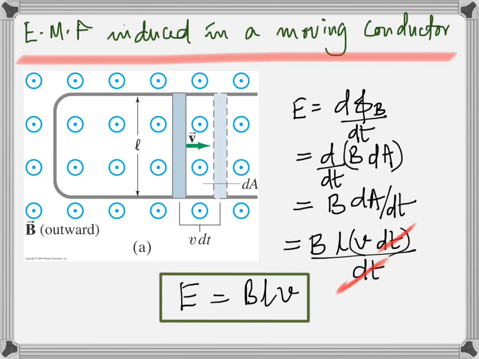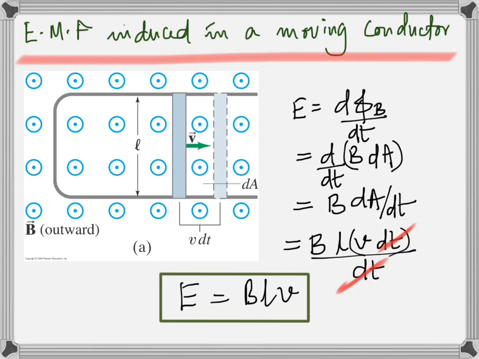Okay, and I have to tell you that this is not a general formula. This is only true when theta is 90. Otherwise, it will be BLV sine theta generally.